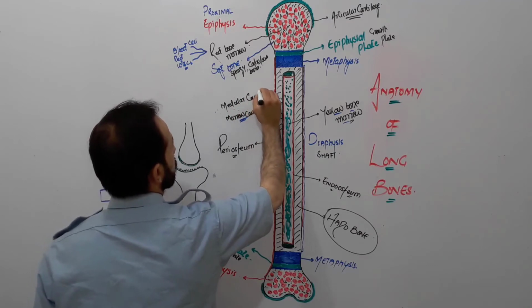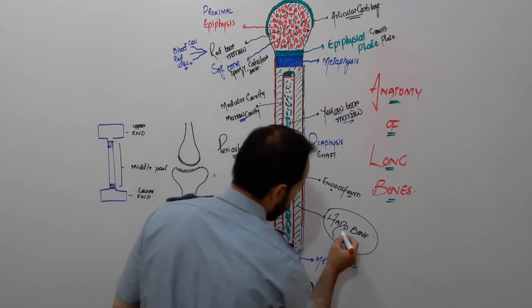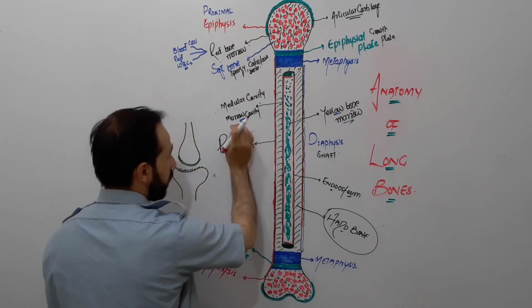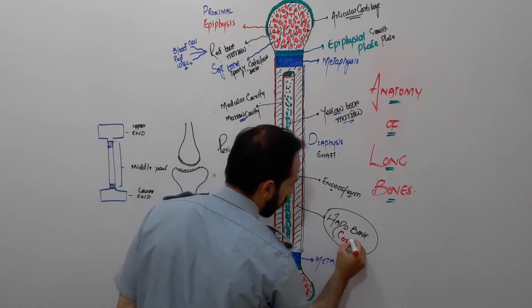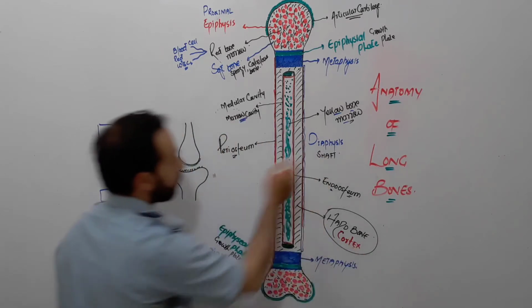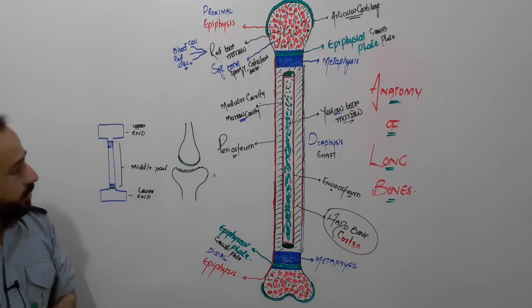Right, friends. And the hard bone is present around the marrow cavity or medullary cavity. We say that this is actually the cortex of this marrow cavity or medullary cavity, friends, right?